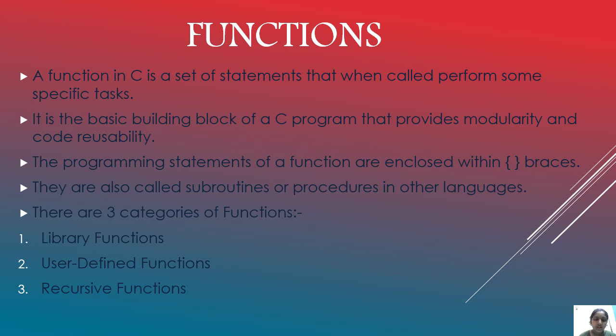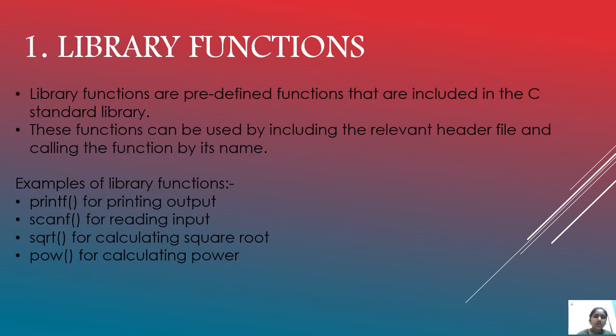There are three categories of functions. First one is library function. Second one, user-defined function. Third is recursive function. Library function. Library functions are predefined functions that are included in the C standard library.